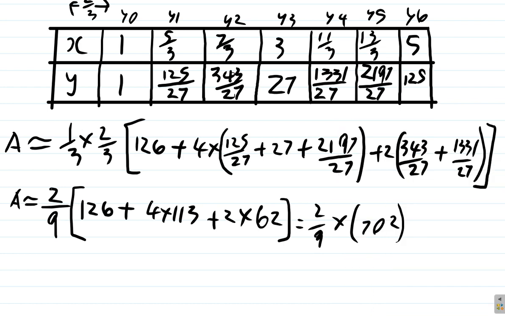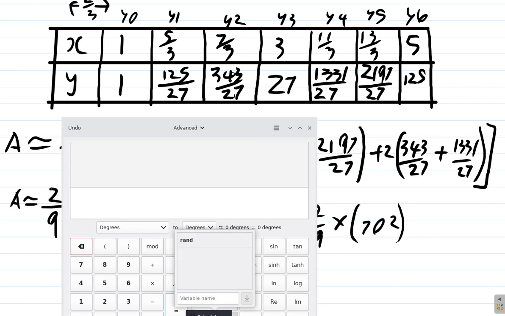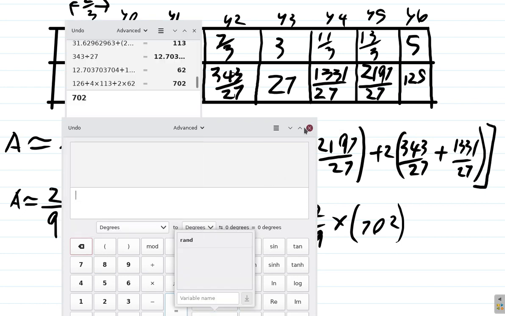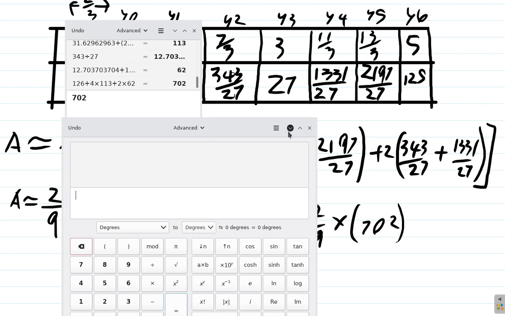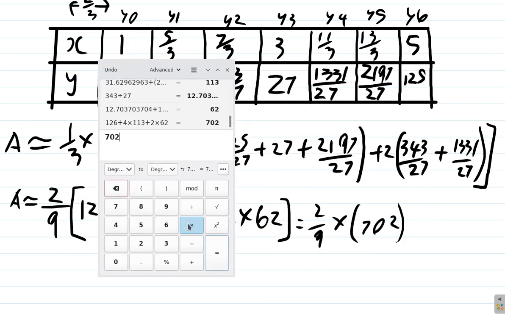Let us see what is going to be the case now. So we have 702. Multiply that by 2, we get 1404, divided by 9 equals 156. We get the exact answer.